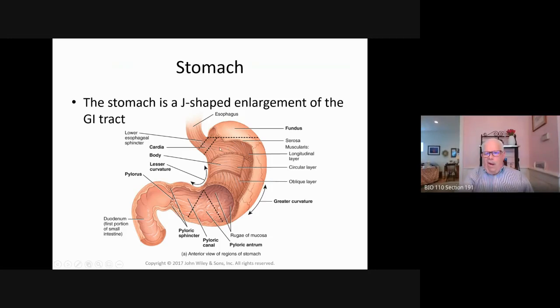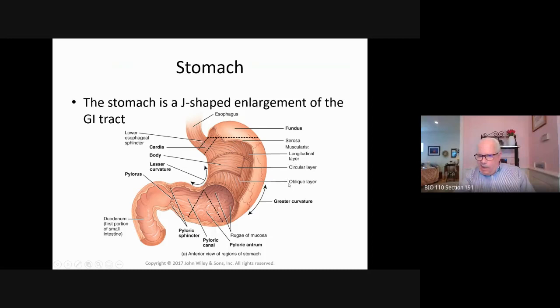So it starts in the fundus. And then all the food gets into the stomach and moves. Not only does it move, it is now becoming digested. And remember I told you that the GI tract has 2 muscle layers. Those 2 muscle layers are the longitudinal layer and the circular layer.